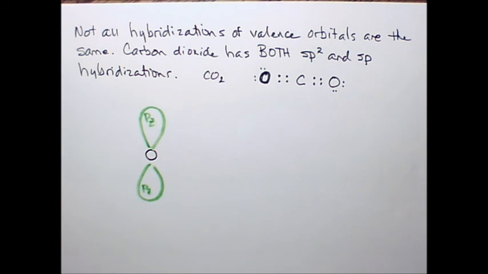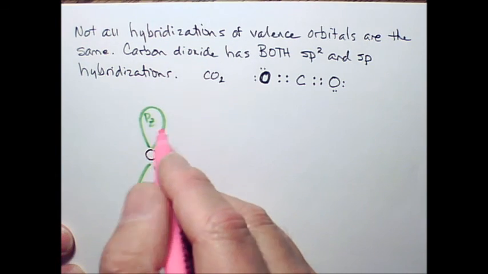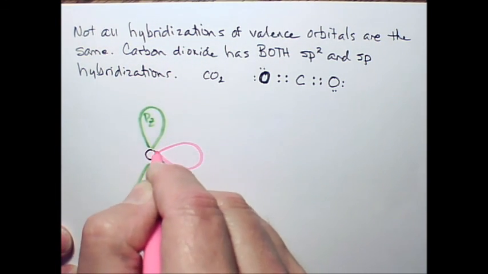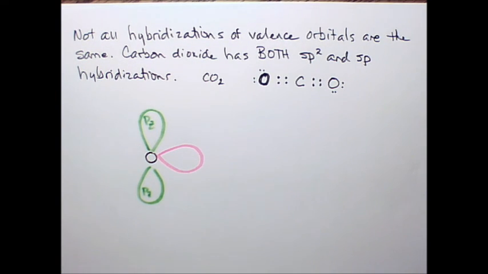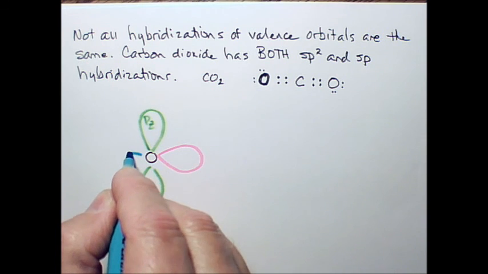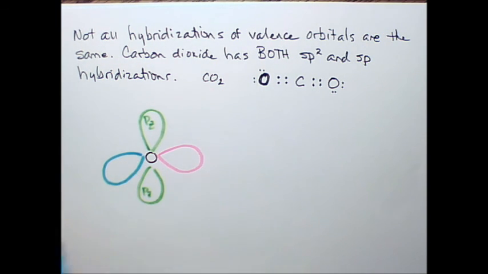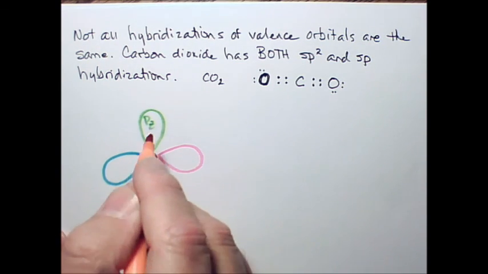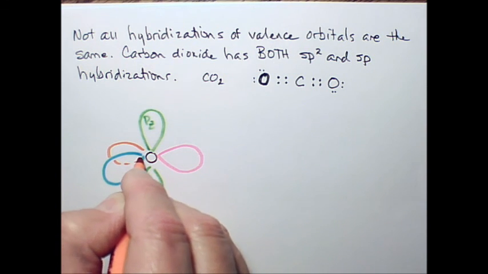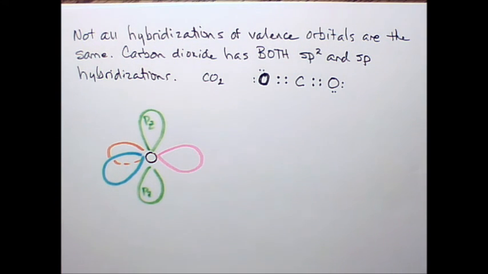The result is that I'm going to have 1 orbital going in this direction, another orbital coming kind of out toward you, and the final orbital in this set is going to be kind of in behind here. So these are sp2 hybrid orbitals.